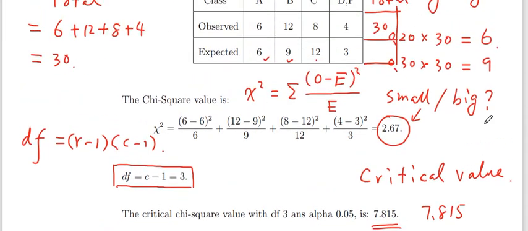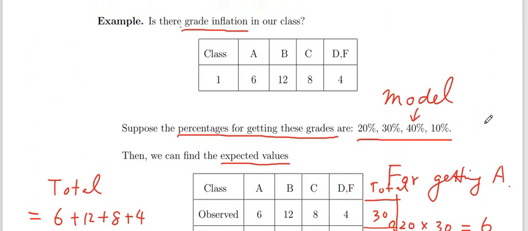So our conclusion is that there is no grade inflation. Our grade distribution matches this model quite well, so no grade inflation.